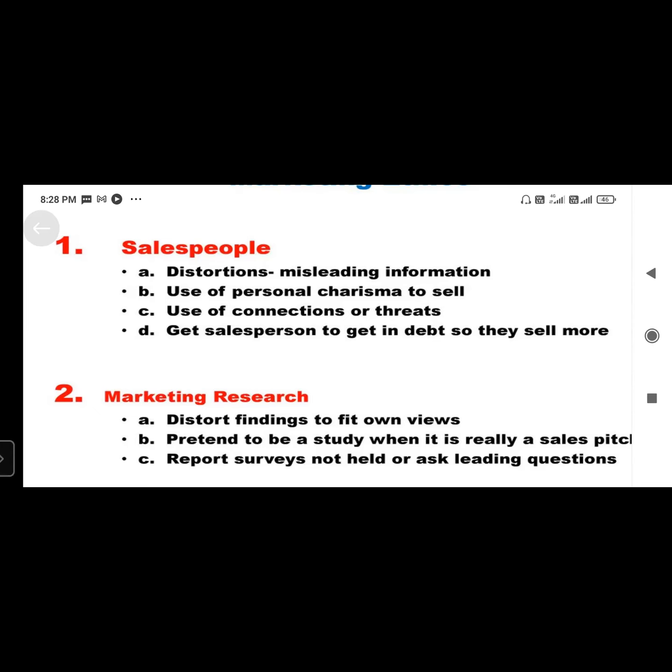So 2, 3, 4 EMIs you have to manage from your salary. So the mentality of the company is that if such is the situation, that salesman will definitely try to sell more products of the company. Why? Because he wants to take care of all the EMIs.